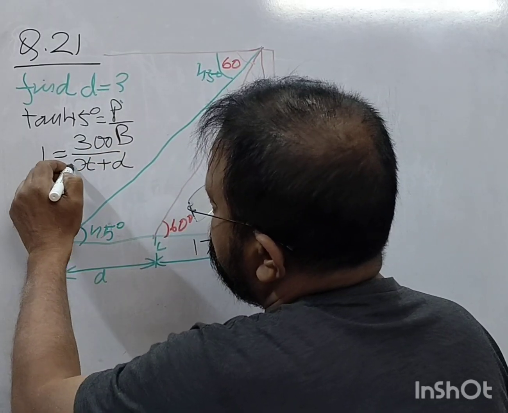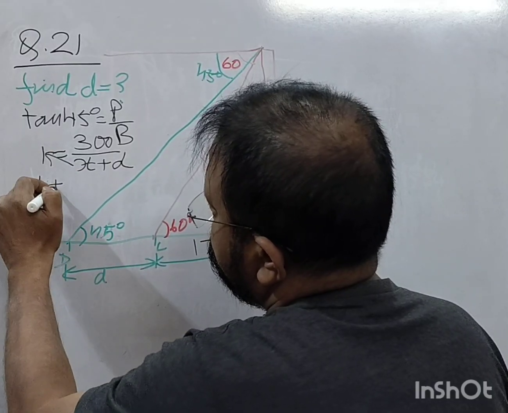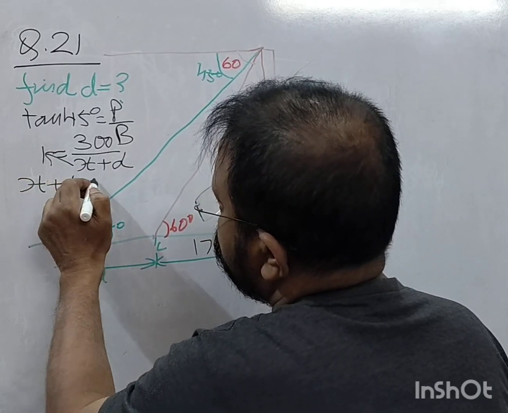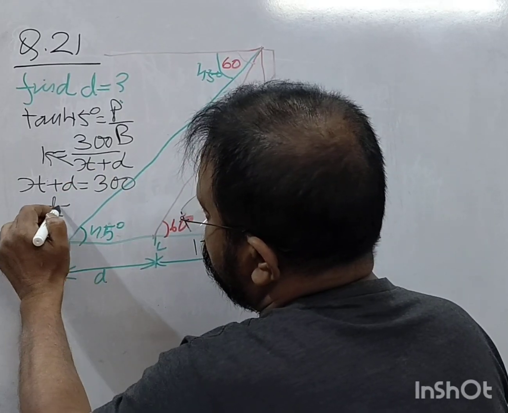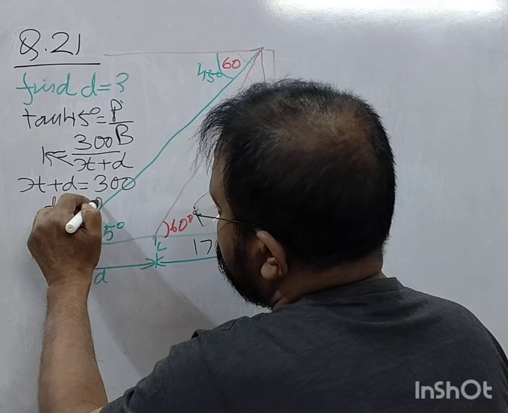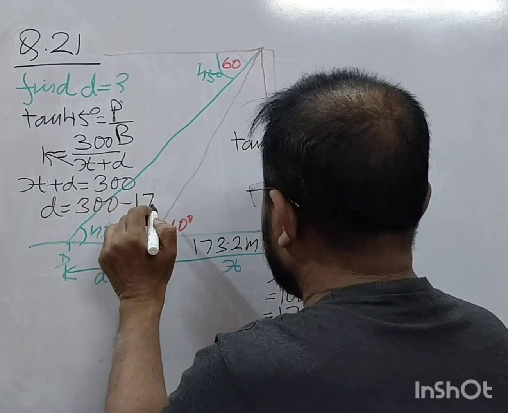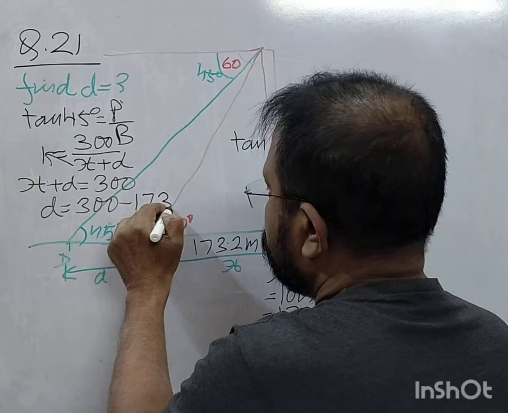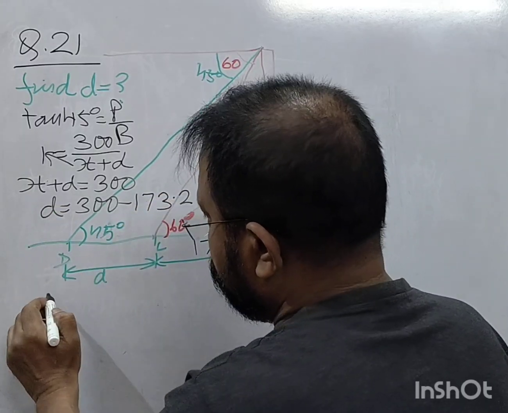So cross multiplied, x plus d is equal to 300. So d is equal to 300 minus 173.2, right?